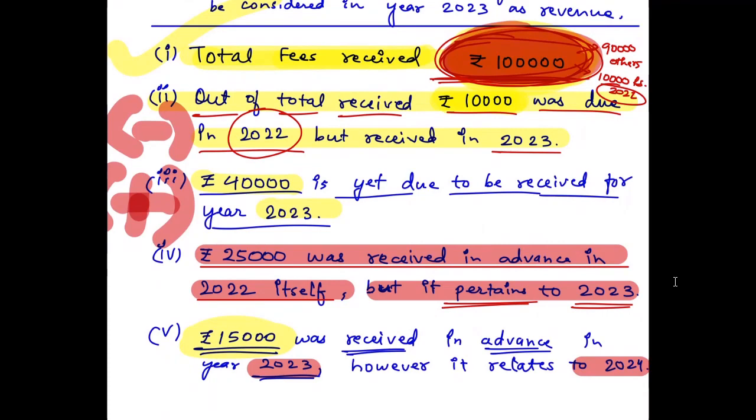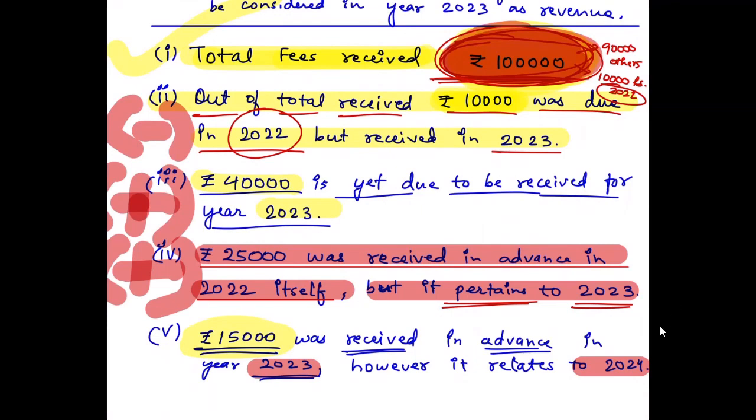So if it pertains to 2023, which was received in advance earlier, obviously this is not included in my 1 lakh. So now I will include it into my books of accounts because the fees was for 2023. That is the reason 25,000 is added in the current year.